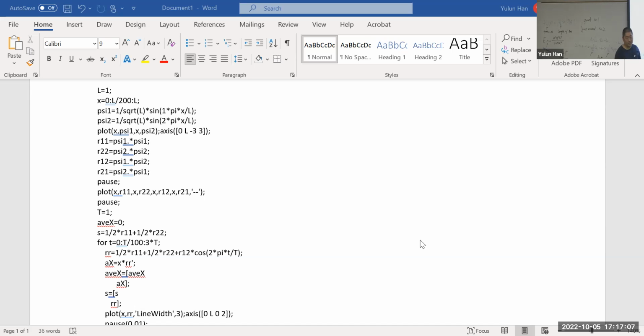Yeah, that's a tricky part. But I don't know the meaning of this one and this one. Why do we have these two terms? Like ground state to excited state. Why do we need this term? There has to be a reason, right?